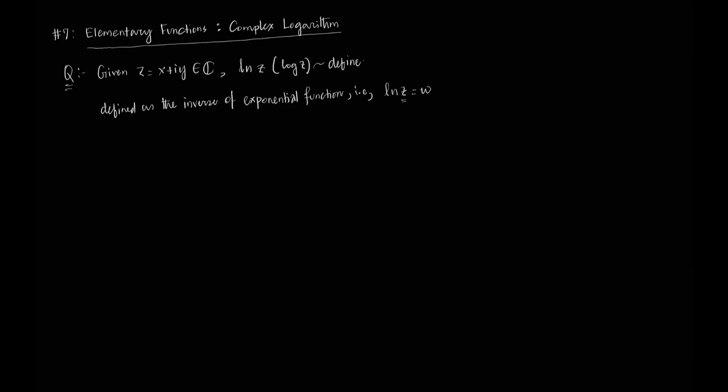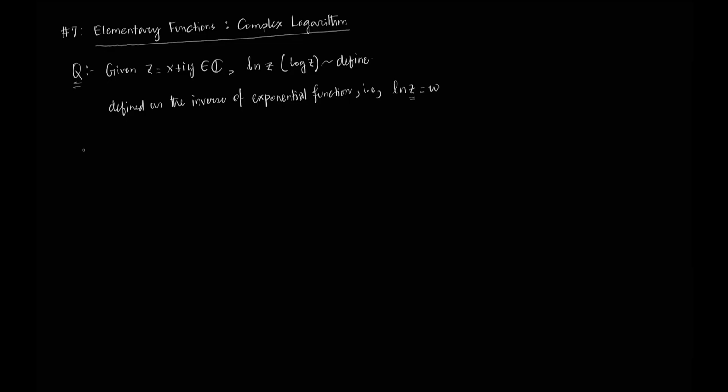Of course, z has to be non-zero, because log of 0 is not defined even in the reals. So here we define log z as w, with z not equal to 0.